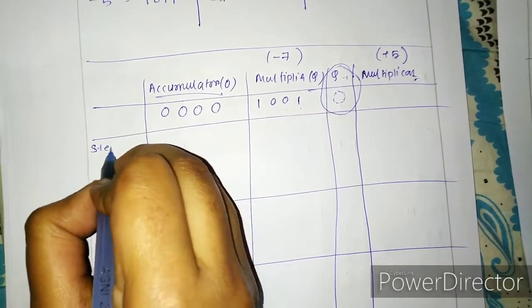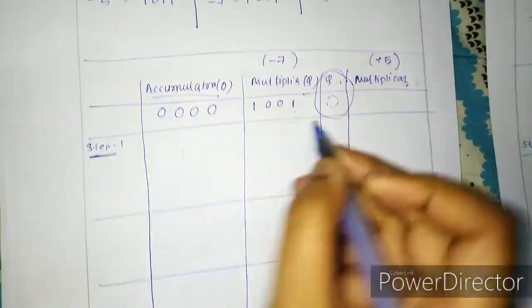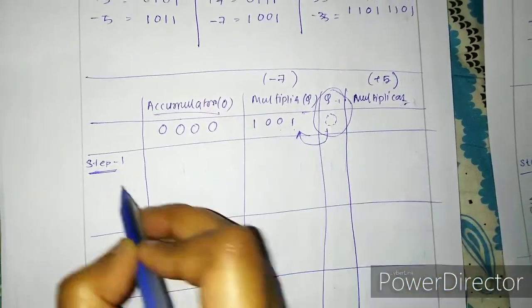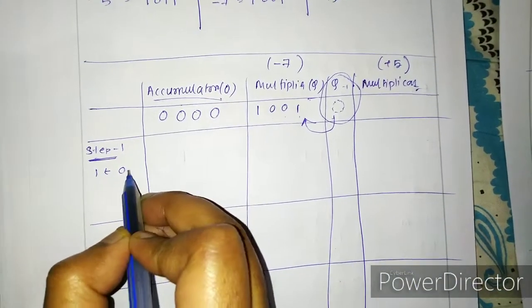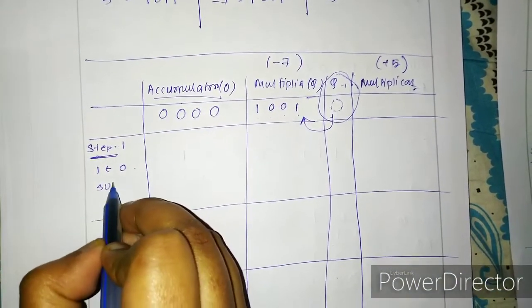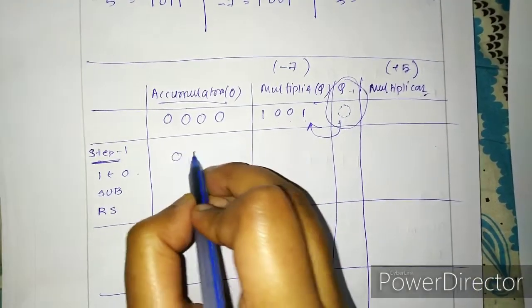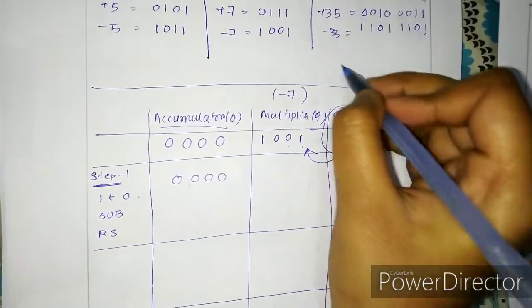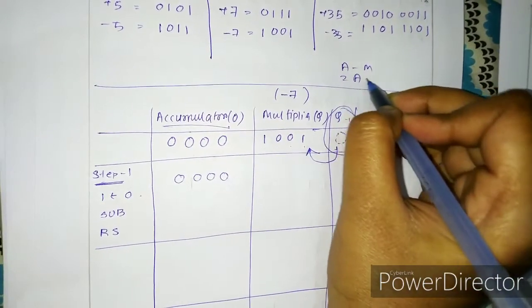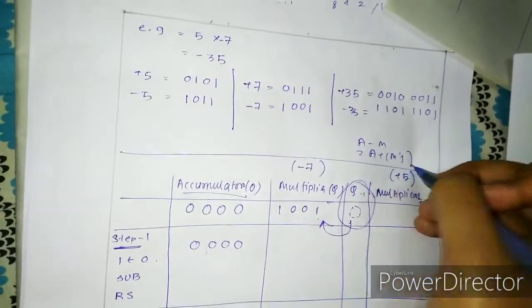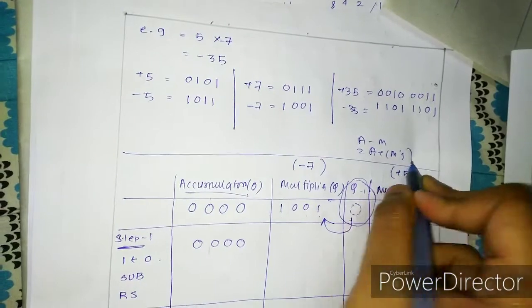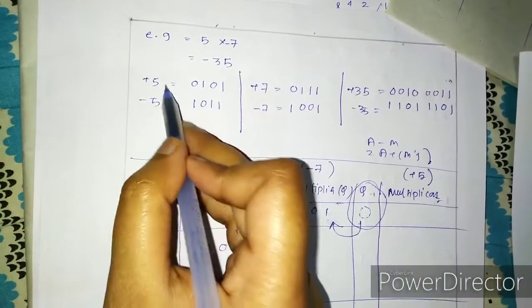Step 1. 0 to 1. Okay. 0 to 1 means subtract m, then do a right shift. Subtract m, A minus M, or A plus M's 2's complement. M is plus 5.